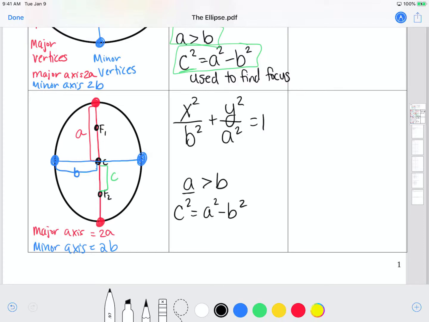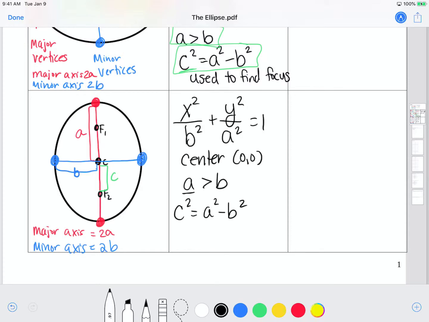That's how you can tell if the major axis is running vertically or horizontally. You look to see what number is bigger in the denominator and look to see what term that's under. If the bigger number is under the y term, then it's running vertically. If the bigger number is under the x term, then it's running horizontally. So this is the case if your center is at (0, 0), just like above when it ran horizontally.